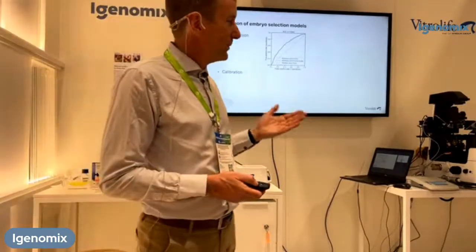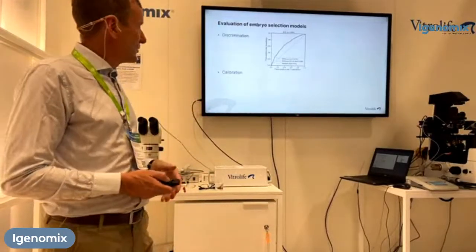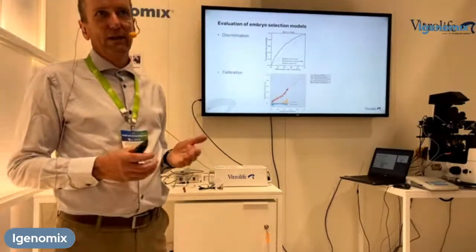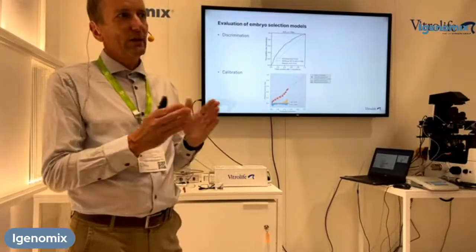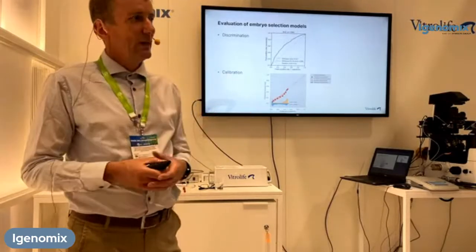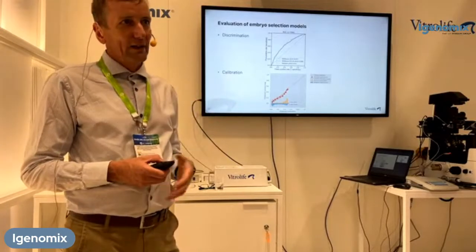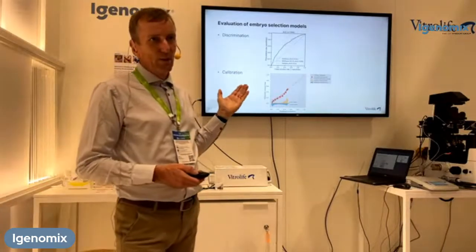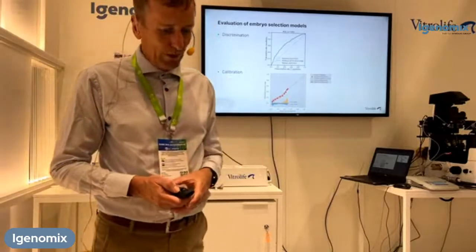So that's one of the concepts that is very important, model discrimination. The next thing that you have to be aware of is what we call model calibration. That is where you take your embryos, group them according to the score that was acquired, and then within these different groups, calculate the observed rate of ongoing pregnancy, for example. Those are the two concepts that are very important when you are evaluating how your model is performing.